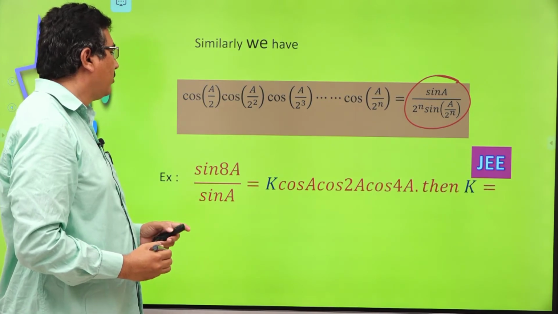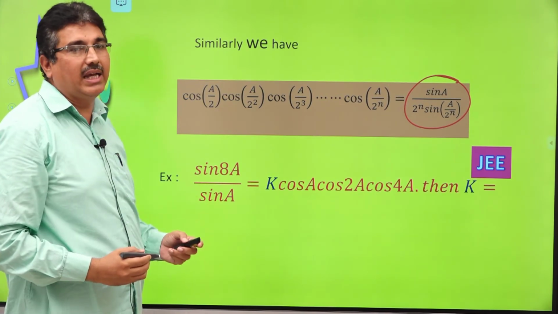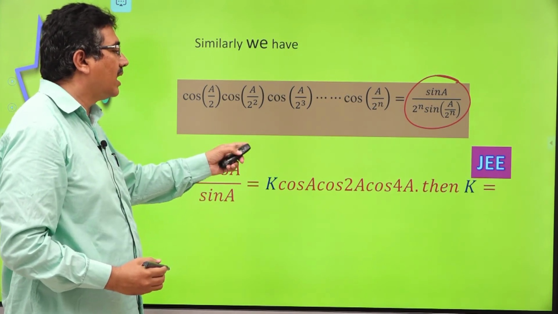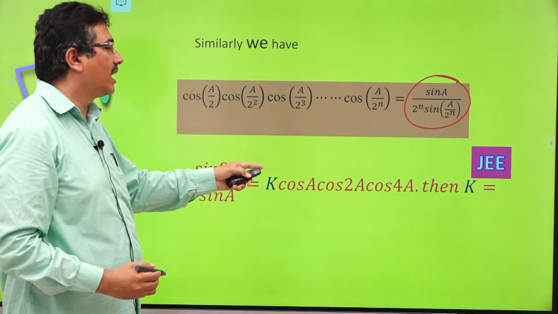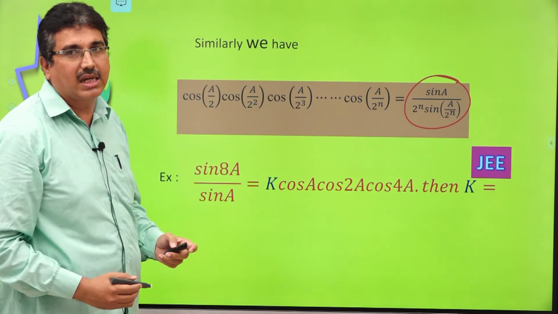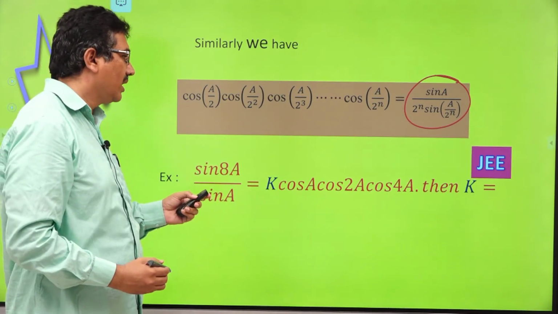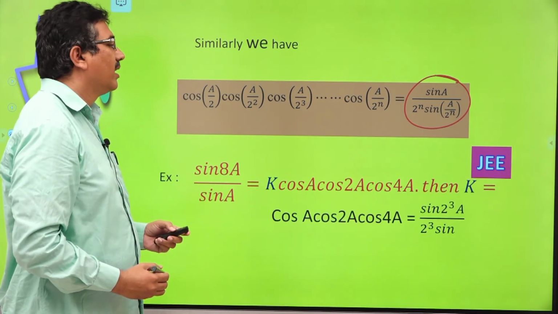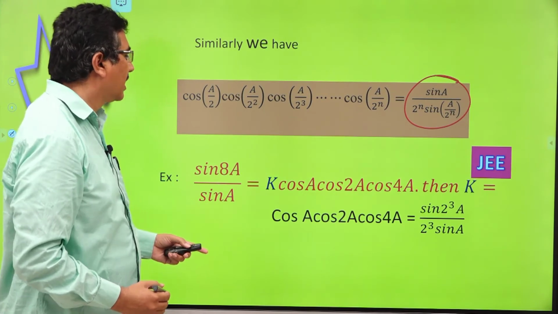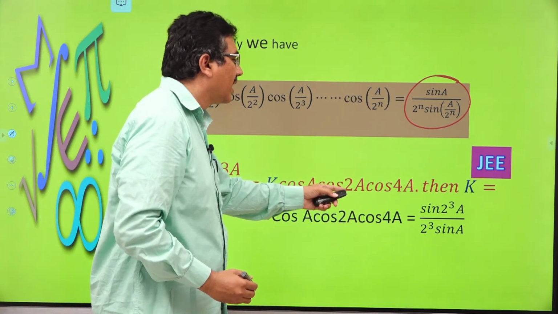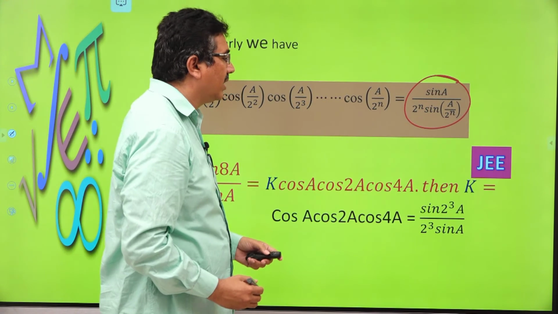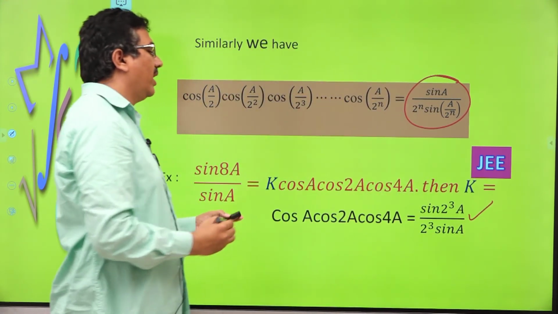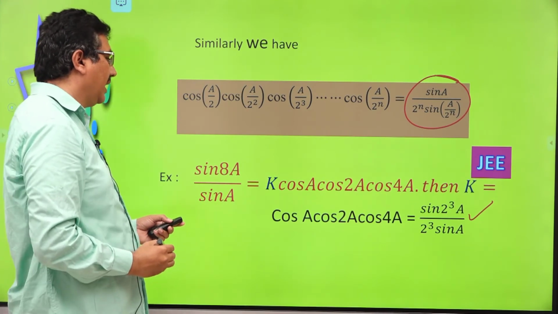See the example. Here sine 8a by sine a is equal to k times cos a, cos 2a, cos 4a. Then k is equal to? Right? So, by applying the above result, cos a, cos 2a, cos 4a is equal to sin 2 power n a divided by 2 power n sin a.